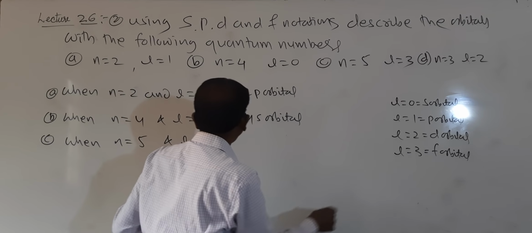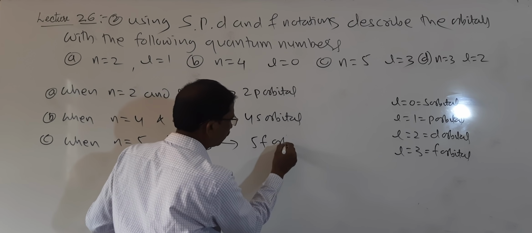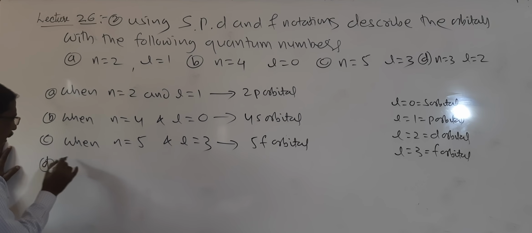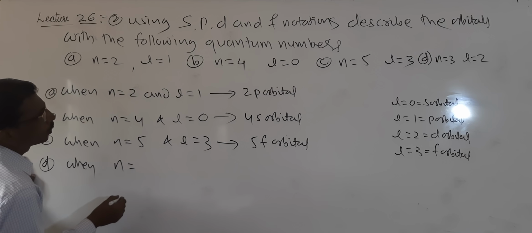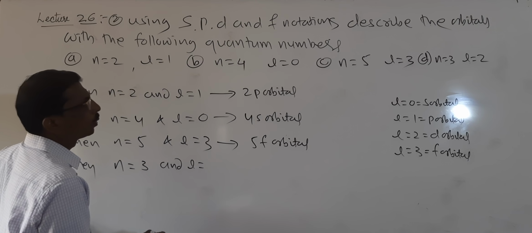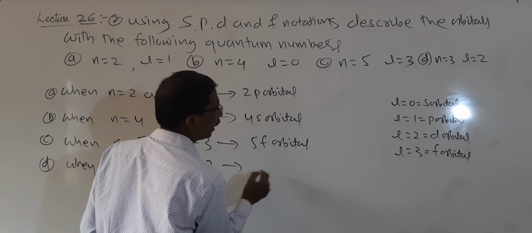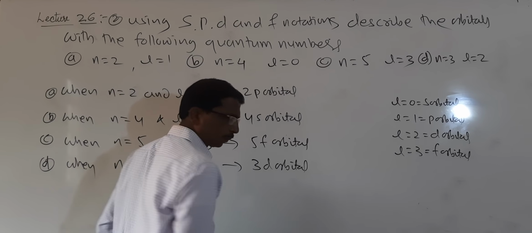We know that l is equal to 3 is the f orbital. So it is the 5f orbital. Then the last one, D: when n is equal to 3 and l is equal to 2, it is the 3d orbital.